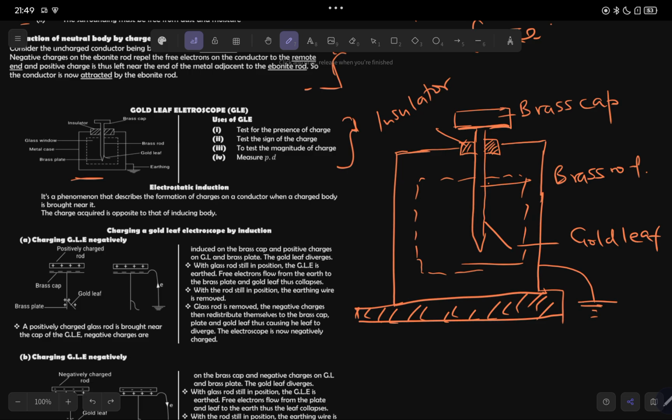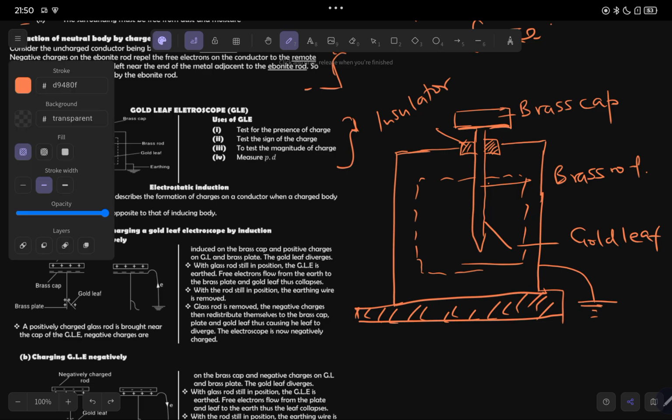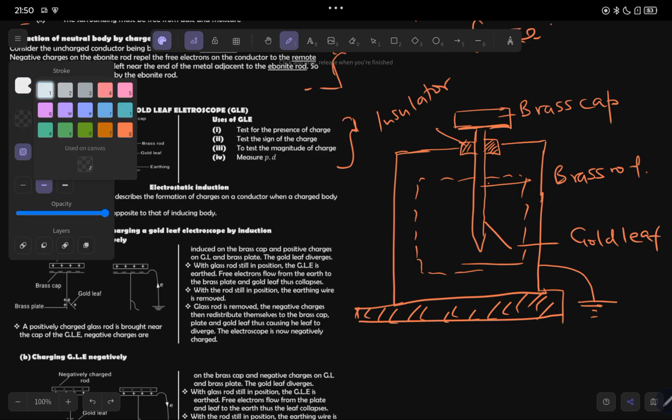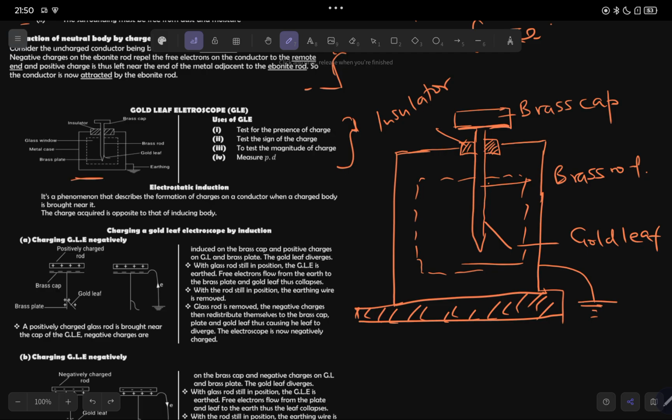Three, to test the magnitude of charge, to know how big the charge is on a body, the quantity of charge on a body. We can also use the gold leaf electroscope to measure potential difference, PD. We shall look at each of these in detail.